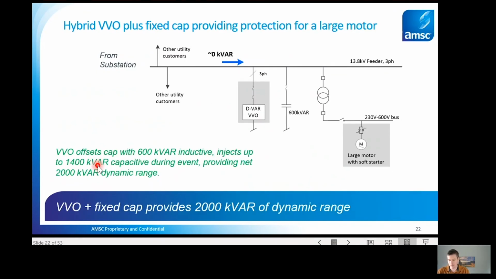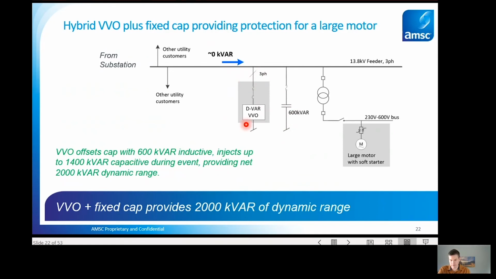This shows an example of what we call our hybrid configuration. The hybrid configuration takes that single VVO up to 2000 kVAR. Our hybrid is rated with a 600 kVAR external fixed capacitor. What's neat about the hybrid is that during normal operation the VVO cancels out that 600 kVAR by going inductive, so you still have 0 kVAR to the utility.